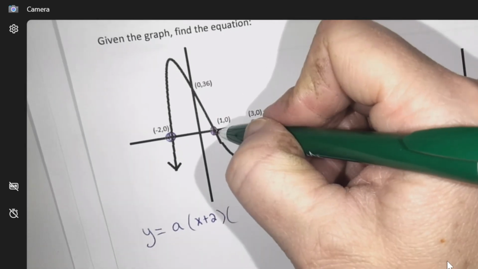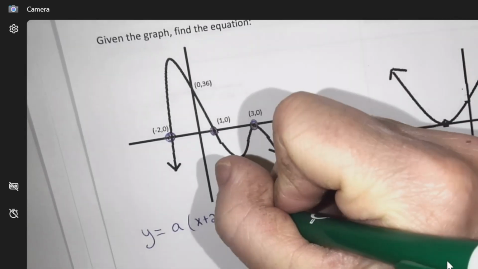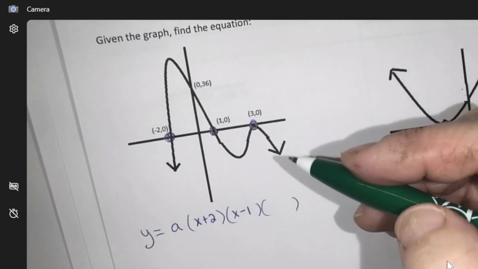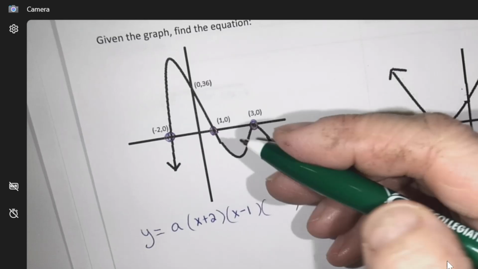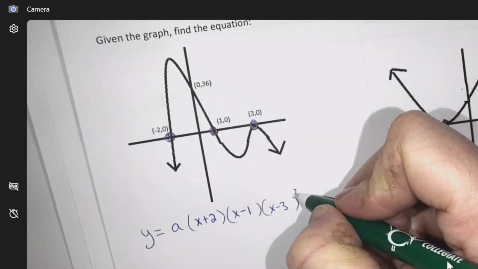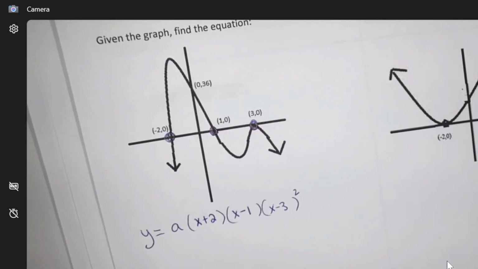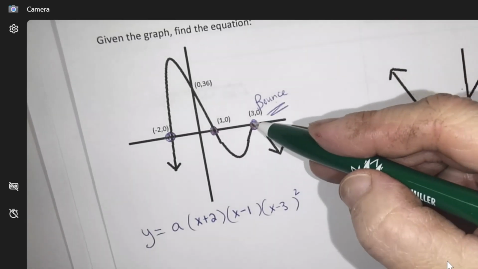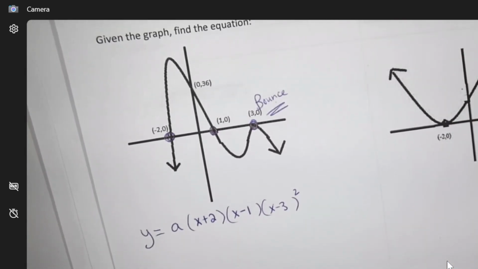Here we went through 1, so I'm going to write the factor x minus 1. And here we went through 3, so I'm going to go x minus 3, bounced, so square. So that was a bounce, so there's my square.